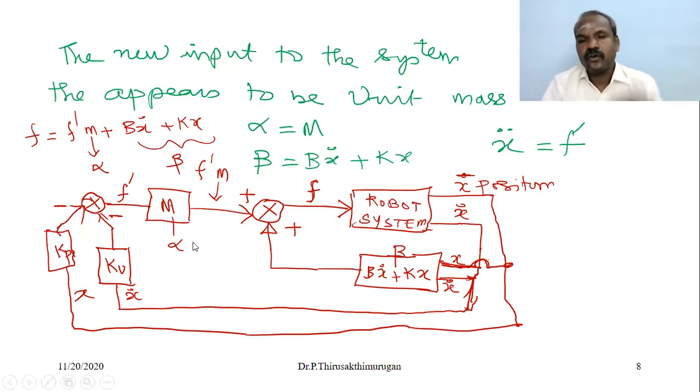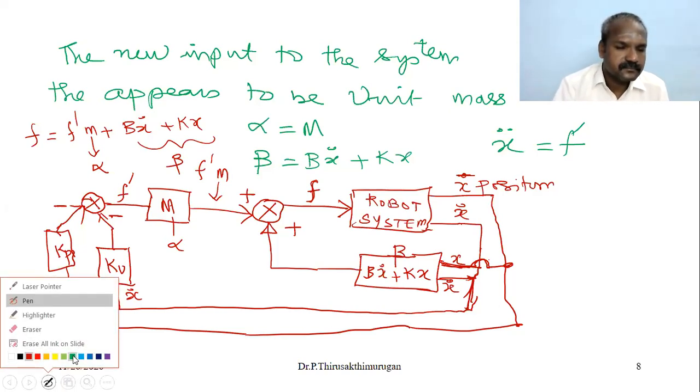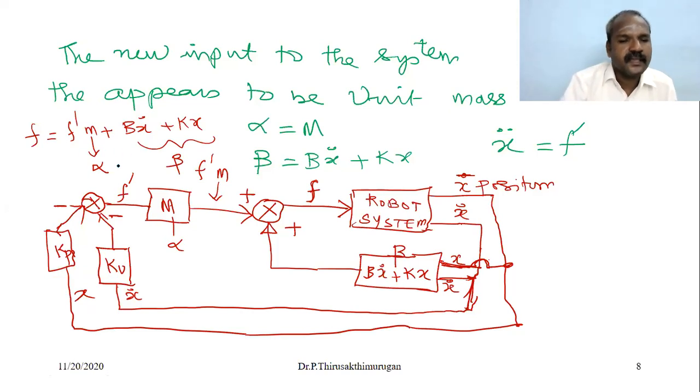Clear? So the closed loop system employing the partitioning method. Okay, what is the partitioning method again? This portion. See, we are partitioning here by developing a controller. So this is partitioning.